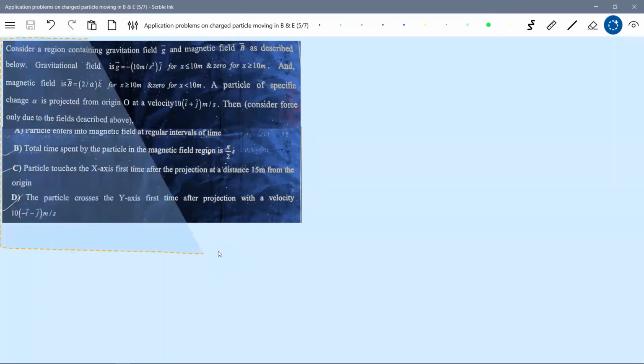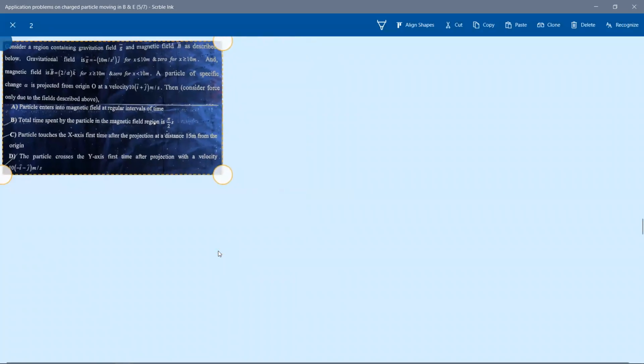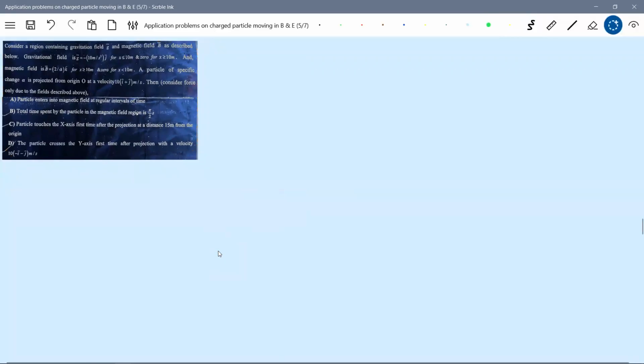Now I need a lot of space to solve this, so I'll minimize it a little bit. Consider a region containing gravitational field and magnetic field. There's no electric field.